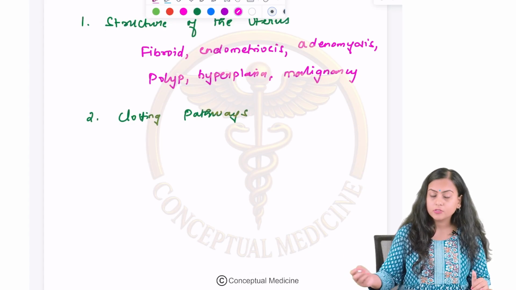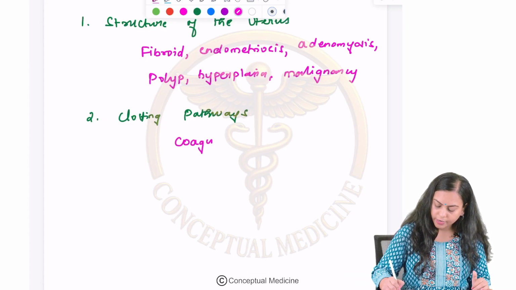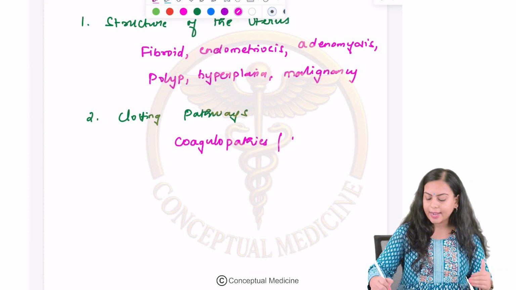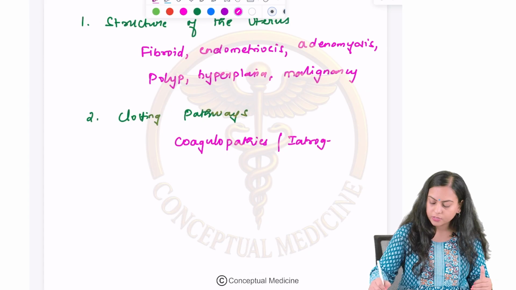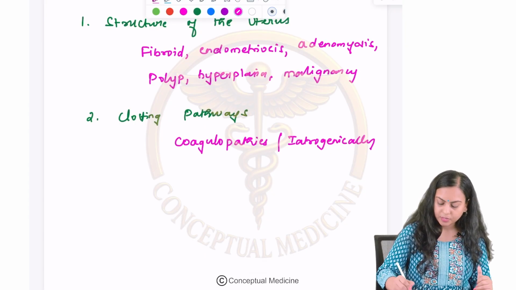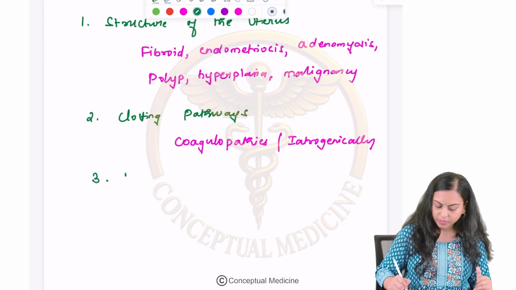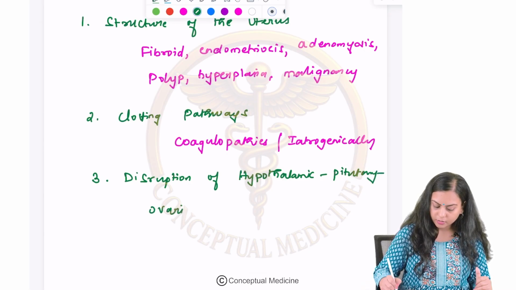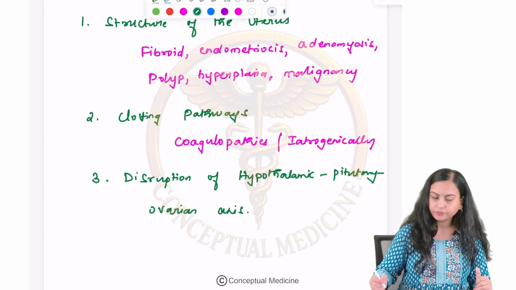Okay, that includes coagulopathies or any iatrogenically introduced drugs that will be disturbing the coagulation system, or there is disruption of the hypothalamic pituitary ovarian axis.